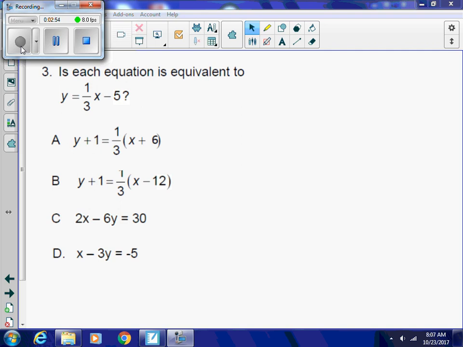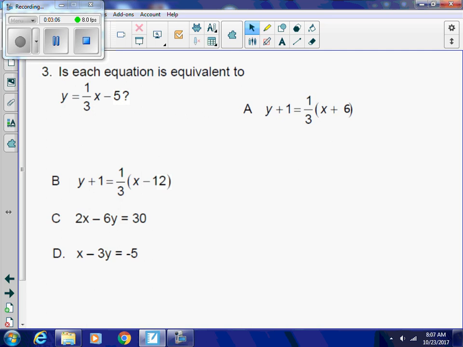Number 3, is each equation equivalent to y equals 1/3 x minus 5? This is not multiple choice. Please do not guess on each one. Let's do it. A, we have to see if this simplifies to y equals 1/3 x minus 5. So we're going to distribute the 1/3.